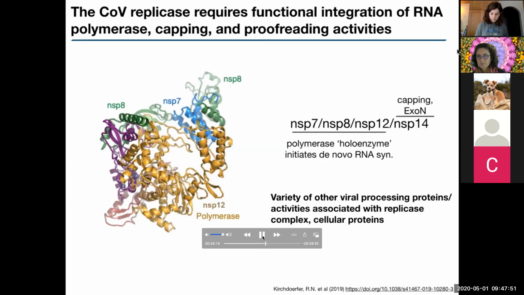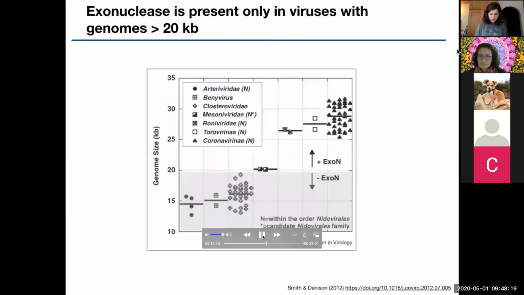But first to mention that it's not just these proteins mentioned above, but in fact there are a variety of other viral processing proteins and activities associated with the replicase complex, not all of which are well biochemically understood, as well as an incompletely defined set of cellular proteins that may participate in its regulation as well. So a very complicated replicase complex involved in orchestrating this discontinuous transcription mechanism.